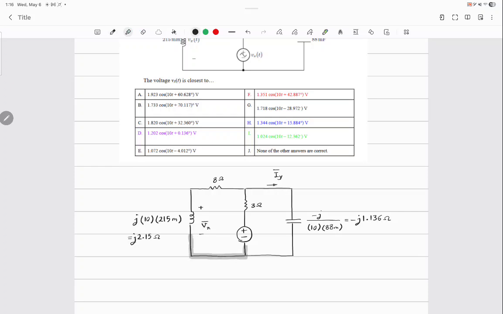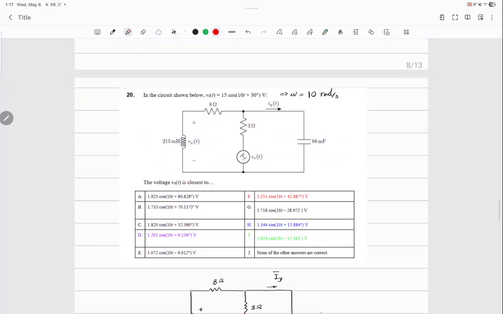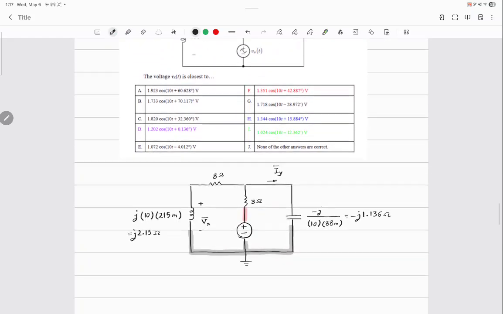Okay, so this is ground. Remember, there's nothing wrong with mesh. There's something wrong with your calculator. So mesh itself is not a problem. So let's see. Is this unknown or no? No. We have the value, actually: 15 angle 30 degrees, right? So the red node is not an unknown.